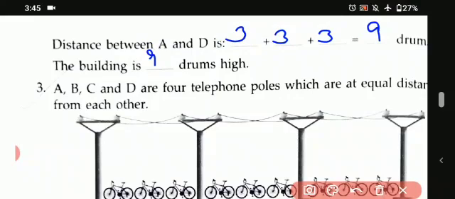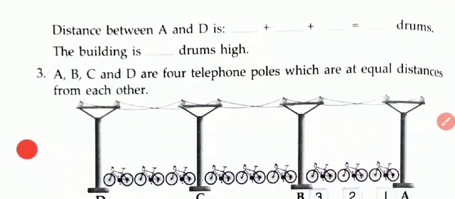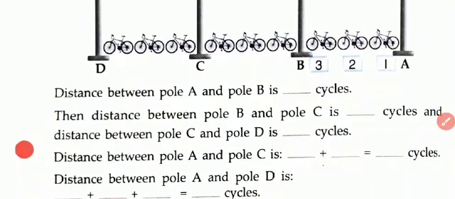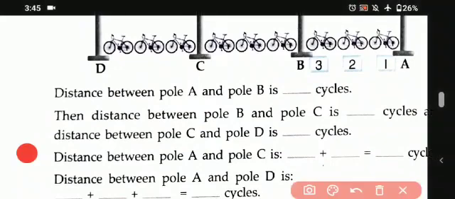The answer is here. Again, in this also we can see 3 bicycles in each column. So 1, 2, 3. Okay, students. The distance between pole A and pole B. How many bicycles are there?